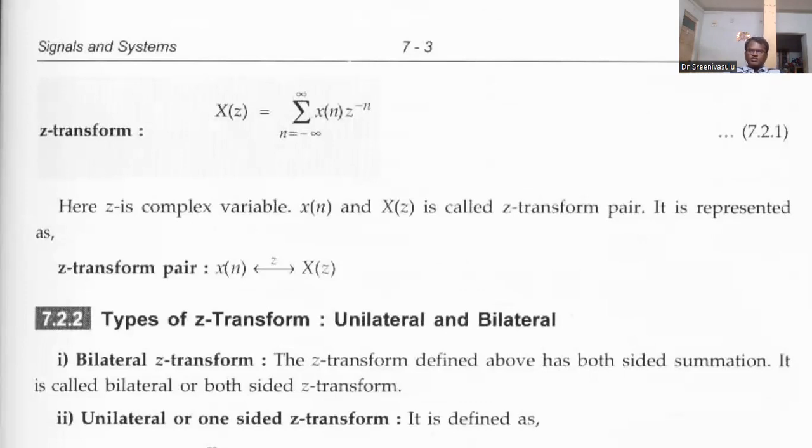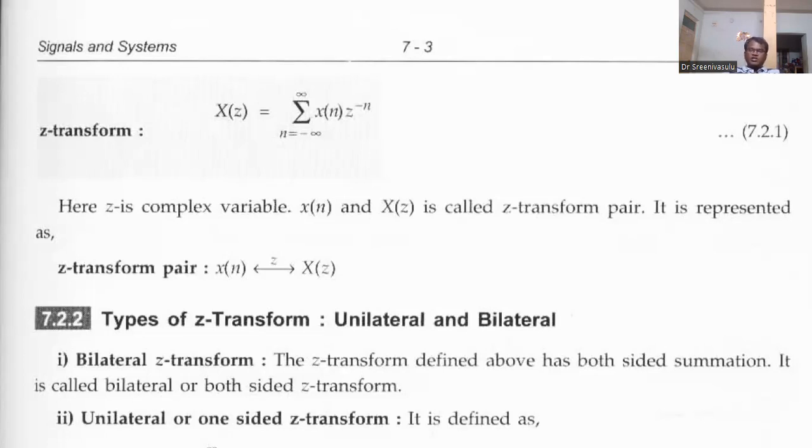Similarly, like in the Laplace transform, here also there are two types: bilateral and unilateral. In the bilateral transform, we consider initial conditions to be 0. Even if there are some initial conditions, we neglect them in the bilateral transform. The unilateral Z transform starts from n equal to 0 onwards, n equal to 0 to infinity.